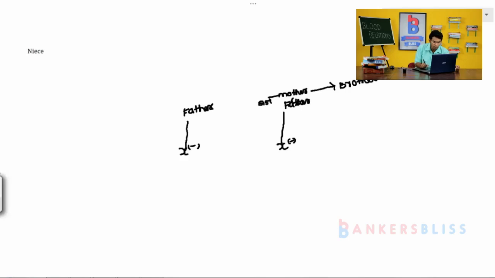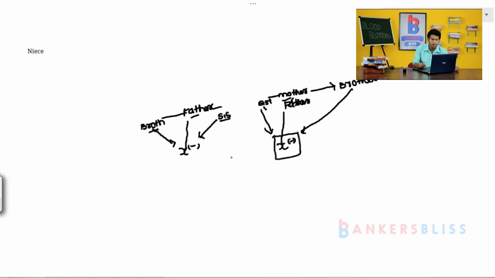I'll write here, your father has a sister, your father has a brother. Then how are they treated? Your father's brother and your father's sister are going to treat you as niece. And here also your mother's sister and your mother's brother also treat you as a niece. But if they are going to treat you as niece, you should be the female.